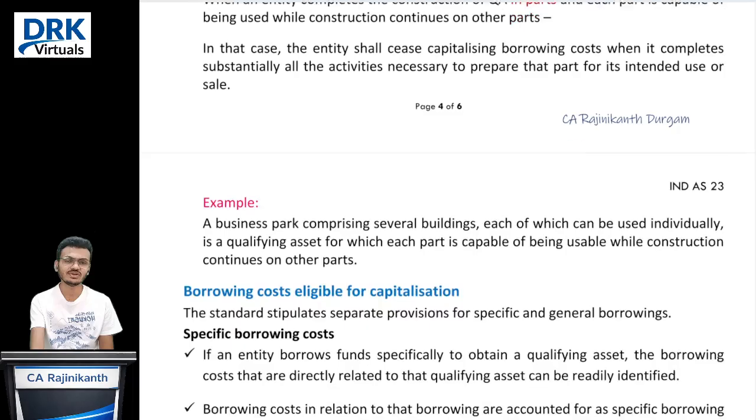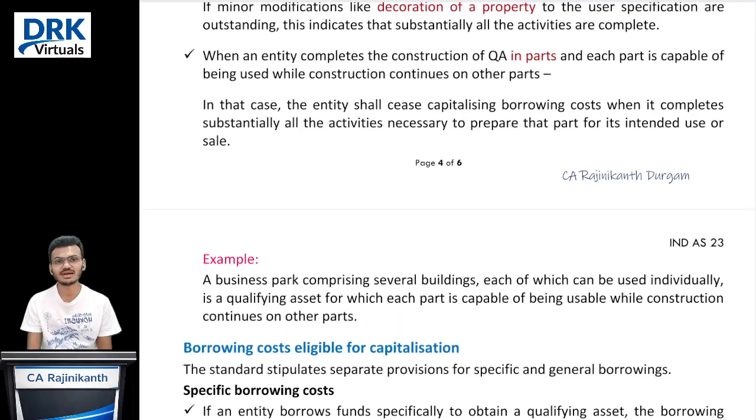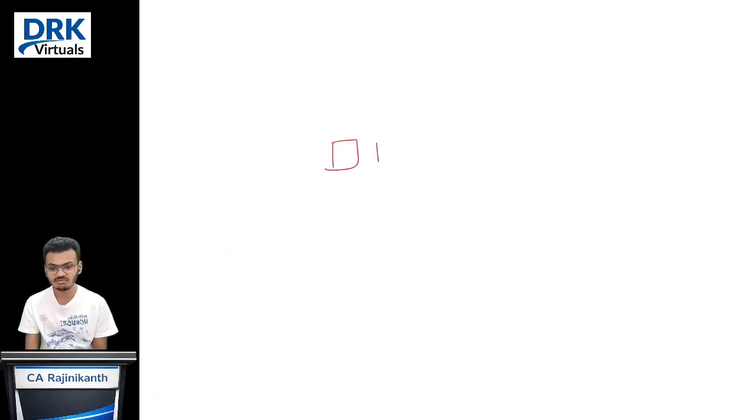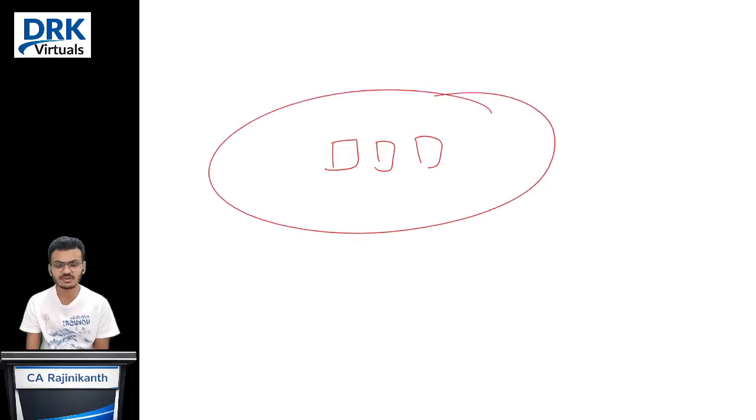Suppose we complete the construction in parts and each part is capable of being used. In that case also we should cease the capitalization of borrowing costs in connection with that part. Let's assume we are constructing 3 buildings in a business park.